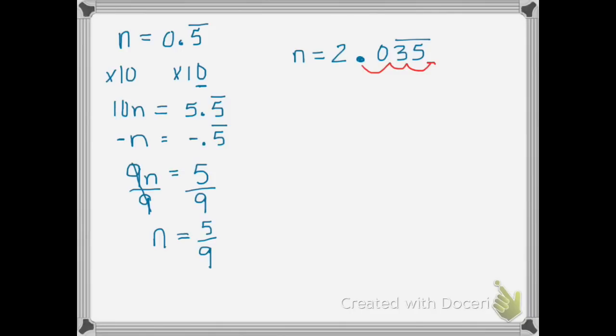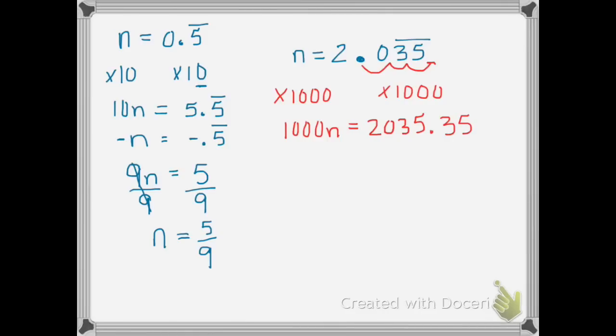Moving the decimal three places to the right means we have to multiply by 1,000. So we're going to multiply by 1,000 on both sides of the equal sign. That gives us 1,000n, and then here we have the 2, and then 0, 3, 5.35, and the 35s would go on forever, but we moved it past two of them.